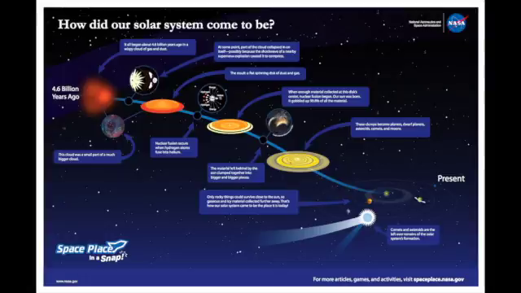The remaining material accreted around the protostar. This accretion later became planets, asteroids, dwarf planets, and other objects. These objects exert gravitational pull on each other, perturbing each other's orbits. This perturbation makes the orbits become elongated.